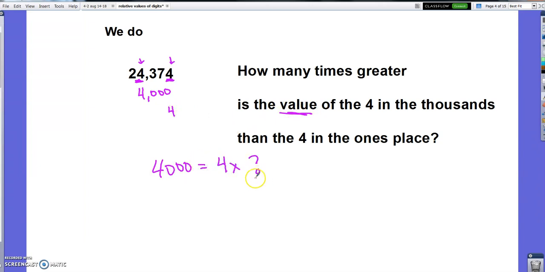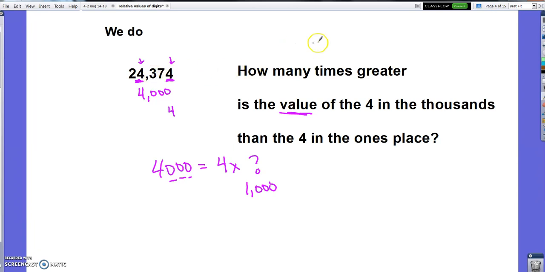If you think back to our last lesson, we know how to multiply 4 to get 4,000. I need 1, 2, 3 zeros at the end. So I'm going to have to multiply 4 by 1,000 because 4 times 1,000 is 4,000. So this 4 is 1,000 times greater in value than this 4, even though they're both 4s.